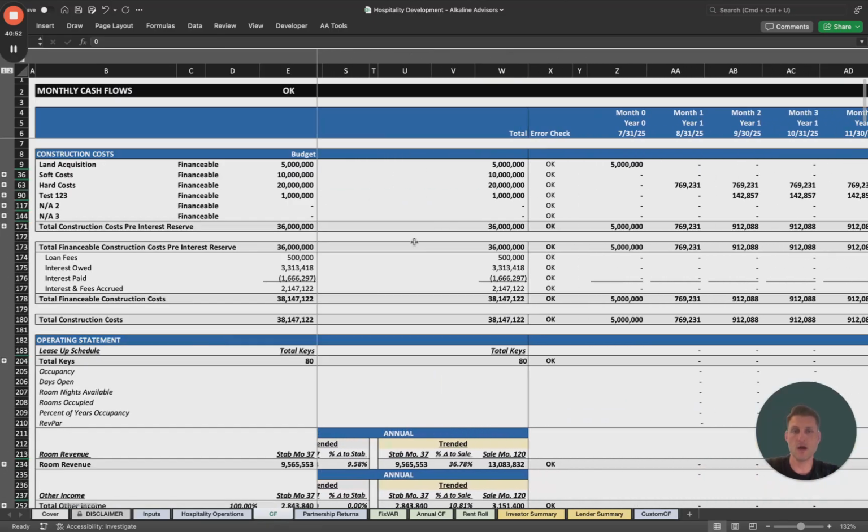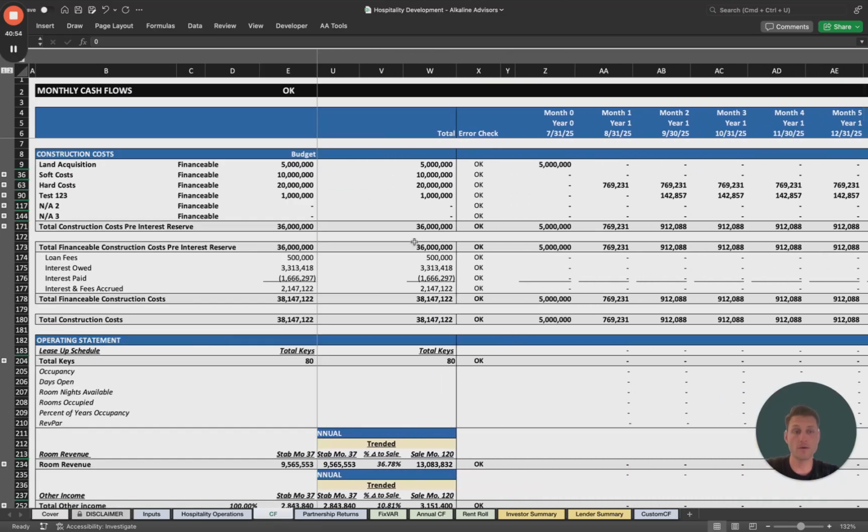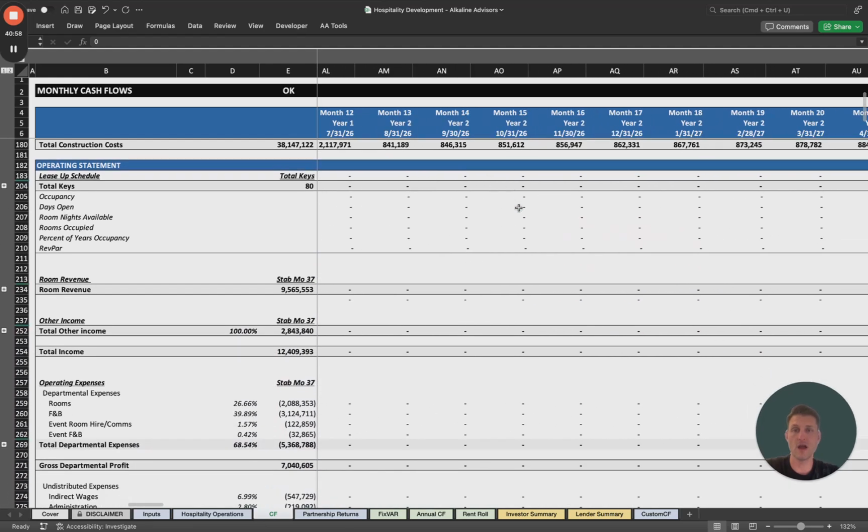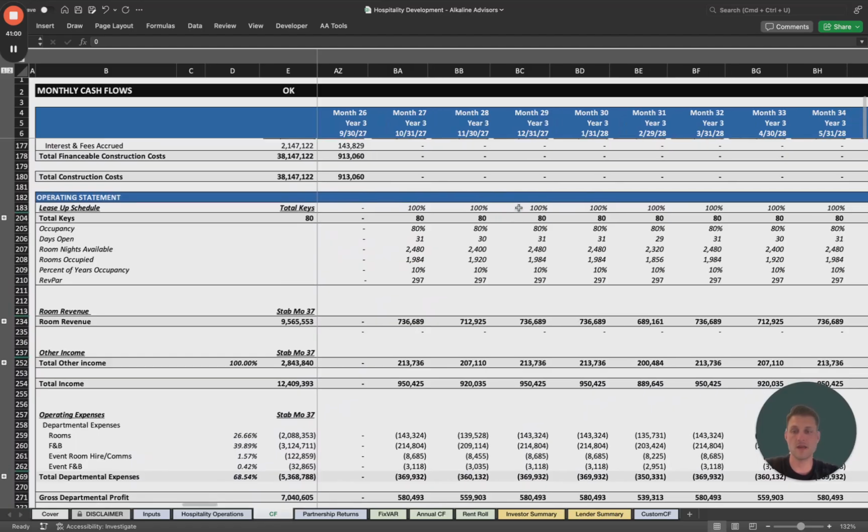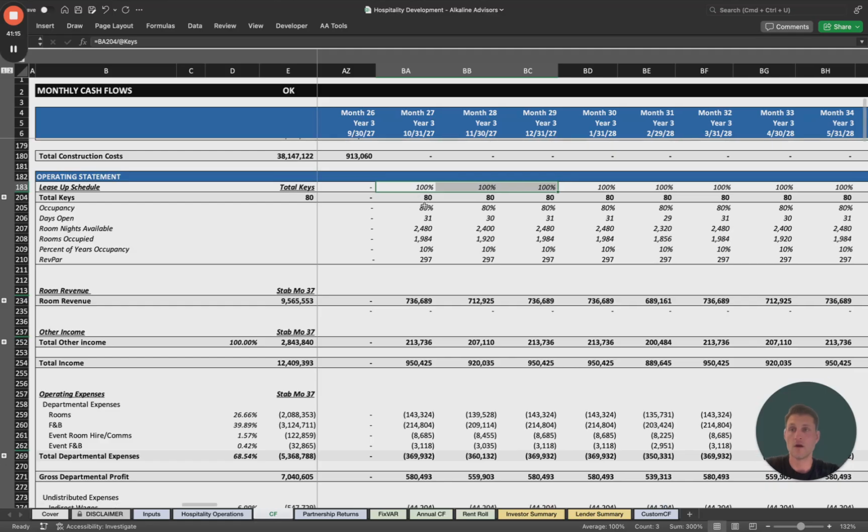The next piece of this, the next component of this model is the operating statement. We've kind of touched on the operating statement already in the inputs tab and the hospitality operations tab, but this is where you can see all the calculations and numbers in one cohesive snapshot. We have the lease up schedule. We have, as it relates to the total keys online, the occupancy rate in a given period.